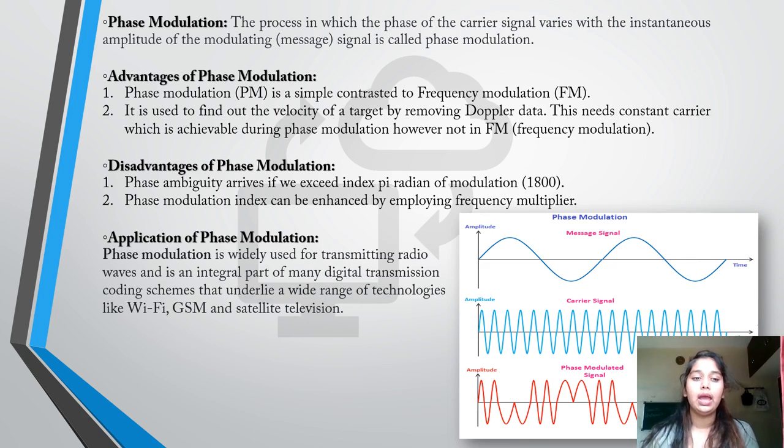Disadvantages of PM: PM ambiguity arises if we exceed the modulation index of pi radians, and the PM index can be enhanced by employing a frequency multiplier. Applications of PM: PM is widely used for transmitting radio waves and it is an integral part of many digital transmission coding schemes that underlie a wide range of technologies like Wi-Fi, GSM, and satellite television.